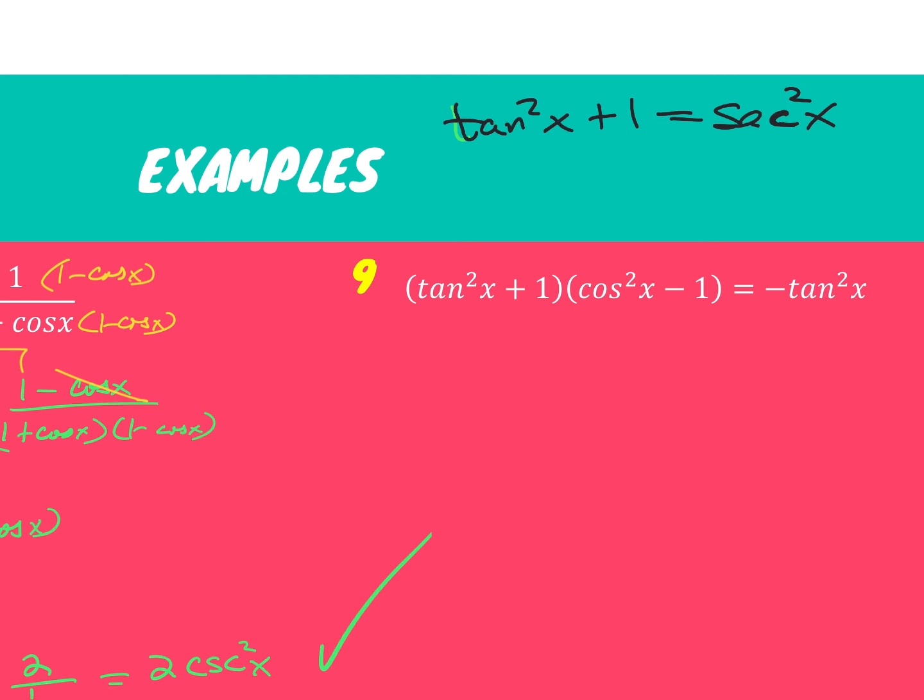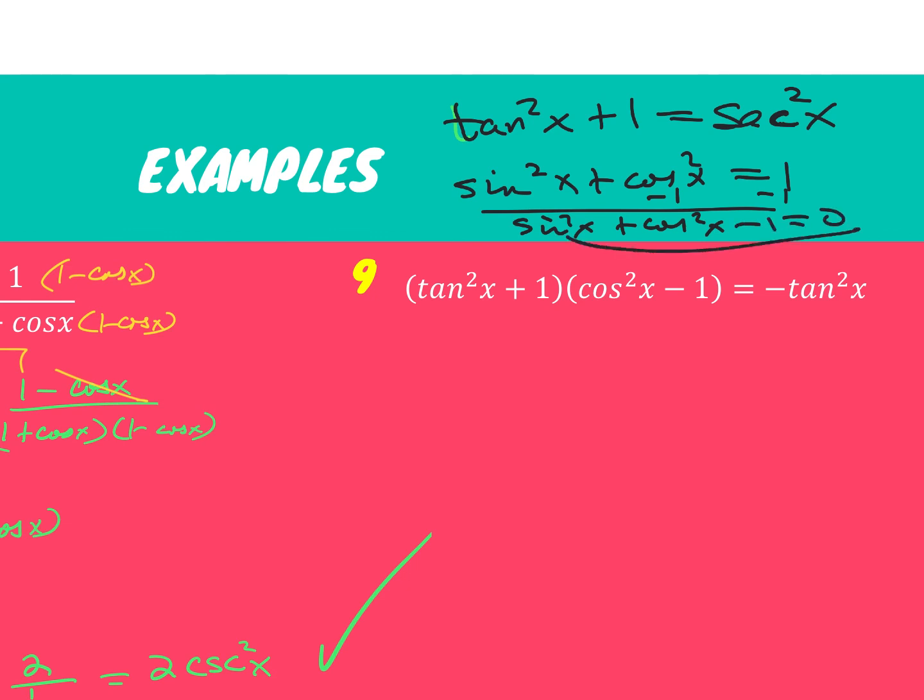And then I'm also going to be using the sine squared x plus cosine squared x equals 1, because what I'm going to do here is rearrange it. And when I do that, if I move this over, sine squared x plus cosine squared x minus 1 equals 0, and then move the sine over here, and it becomes negative. And that's what I'm substituting here.